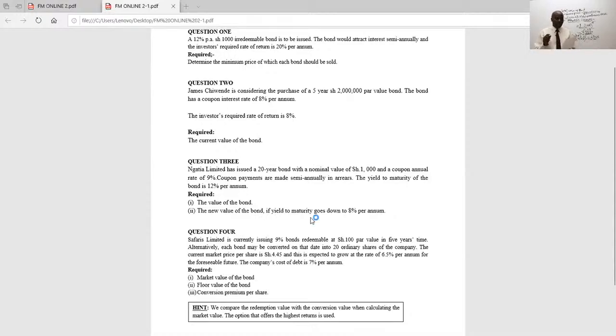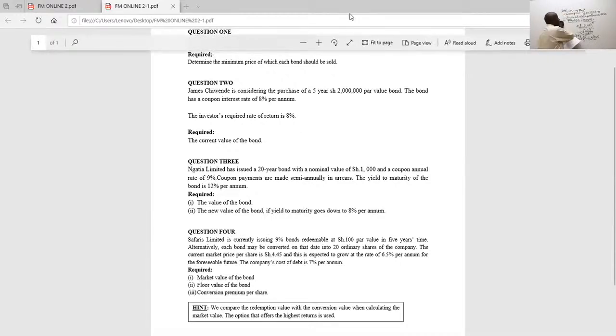This yield to maturity is what I will be using as my cost of capital. So my cost of capital is 12% for a whole year. They want us to give them the value of the bond.